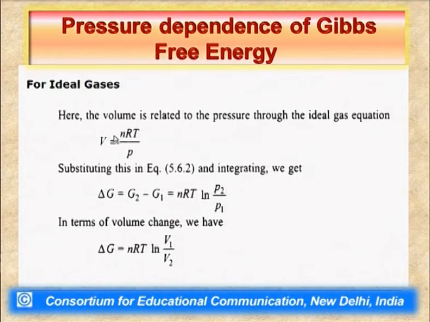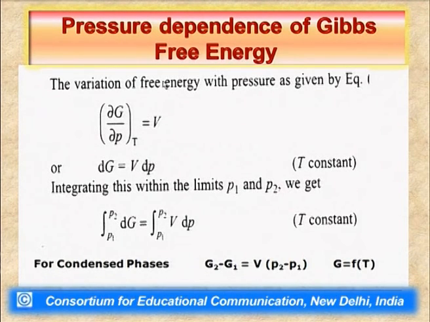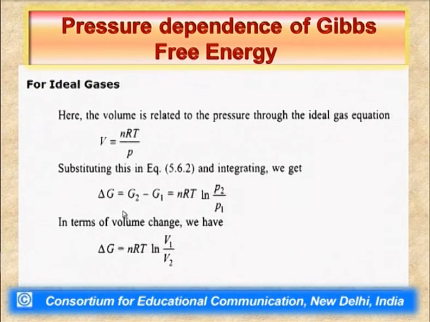For an ideal gas, we can make use of the ideal gas equation to determine volume, V equals nRT by P. In the integral of dG from P1 to P2, which equals G2 minus G1, instead of V dP we can put nRT by P dP. Keeping nRT constant and outside the integral, we integrate dP by P, and for an ideal gas we get delta G equals G2 minus G1, that is, the Gibbs free energy of an ideal gas at pressure P2 minus that at pressure P1, equals nRT ln P2 by P1.